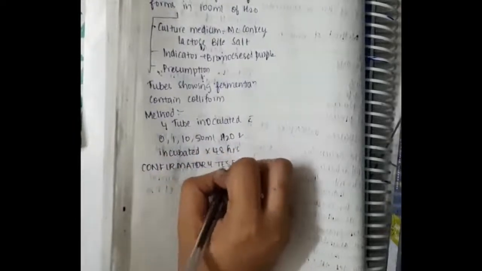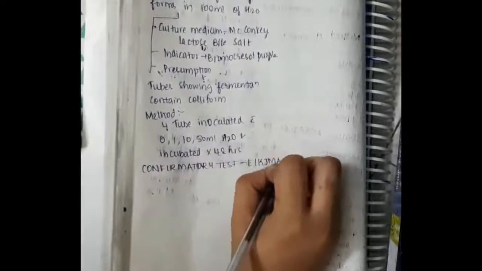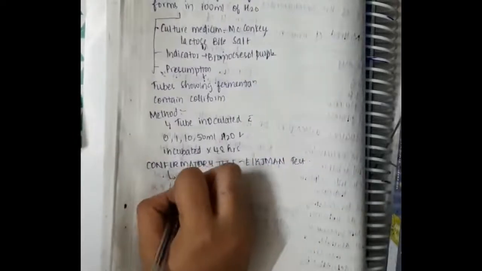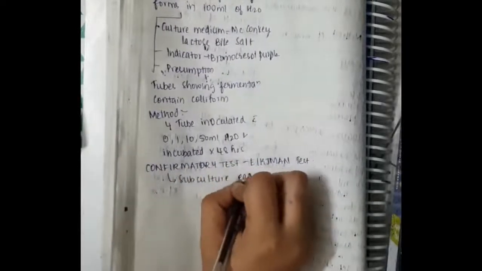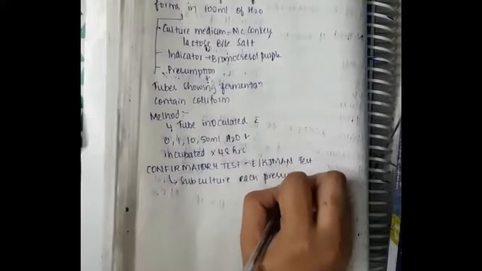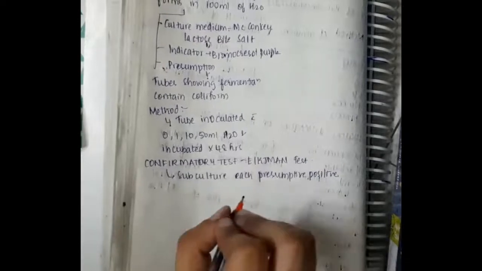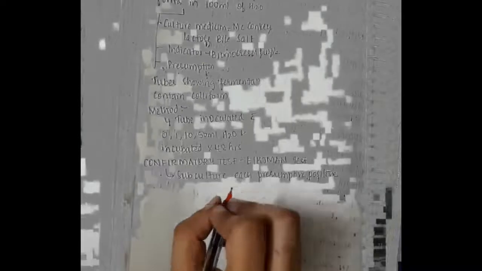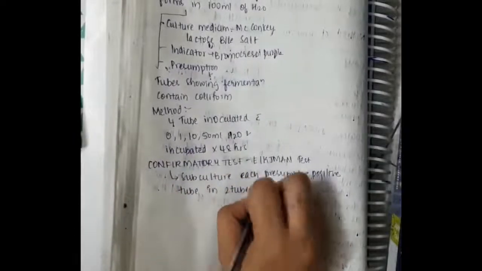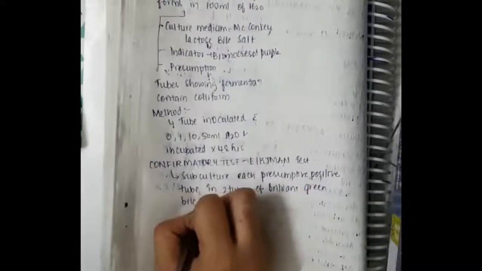Then the confirmatory test for the multiple tube test is the Eijkman test. In the Eijkman test, we subculture each presumptive positive tube in 2 tubes of brilliant green bile broth.